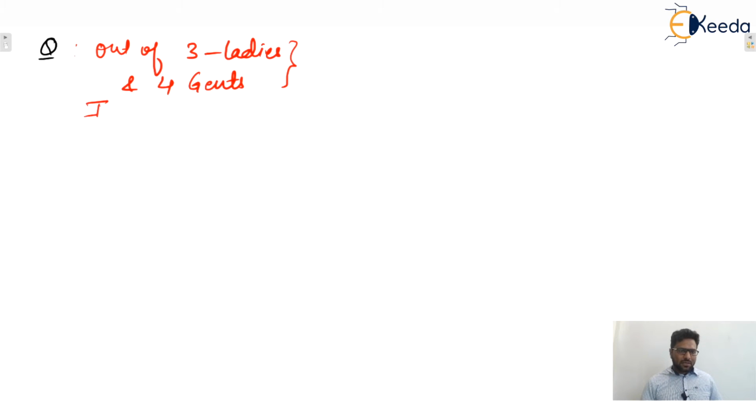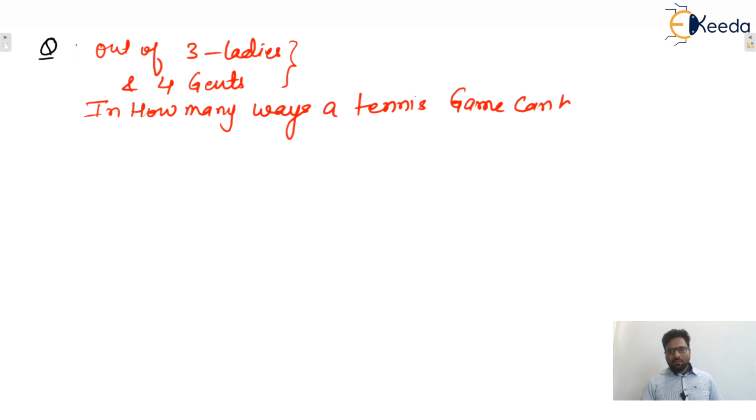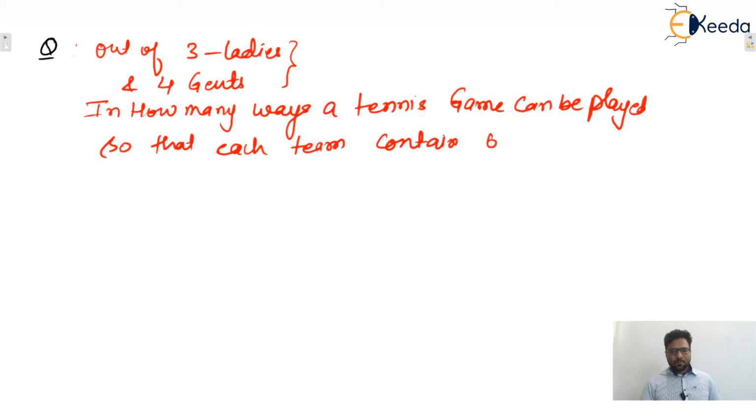The question is, in how many ways can a tennis game be played so that each team contains one man and one woman.